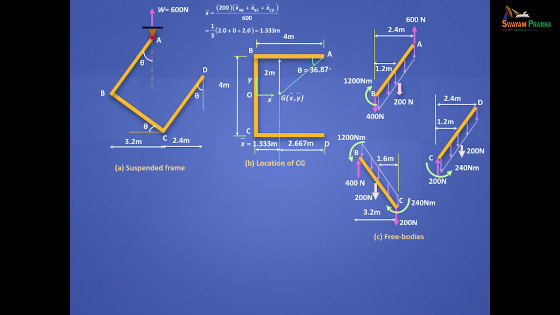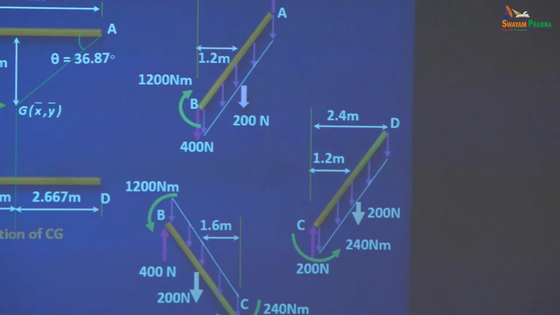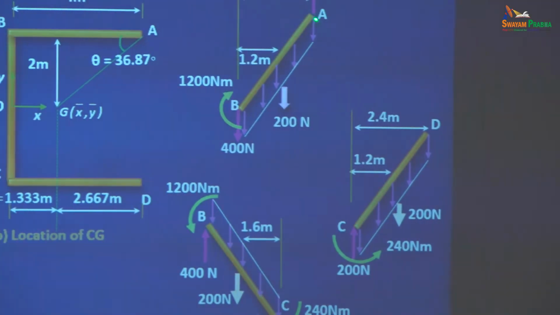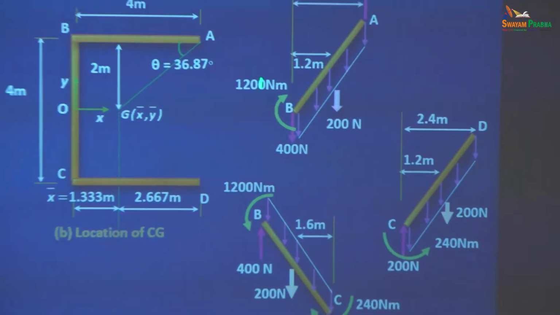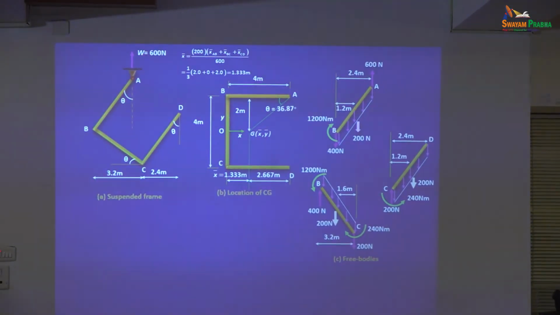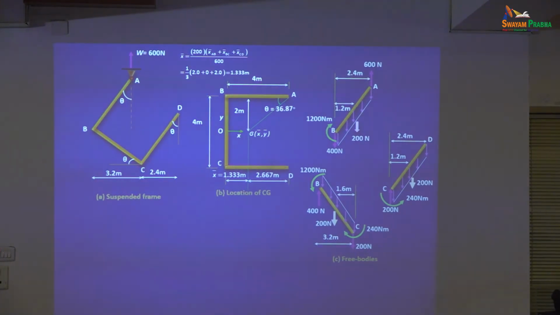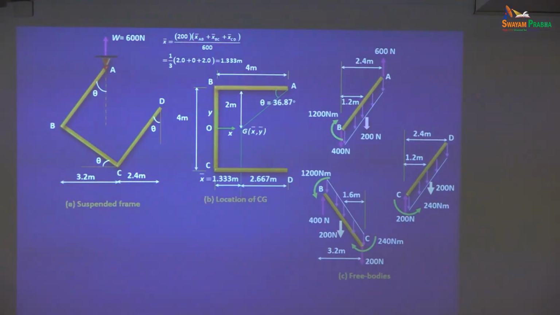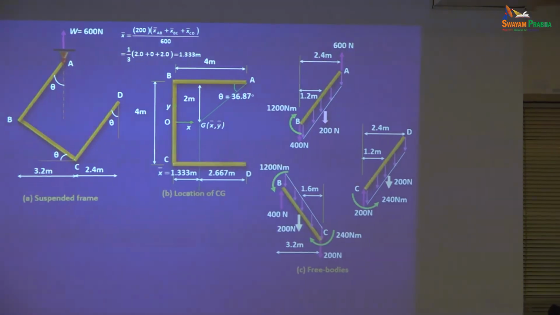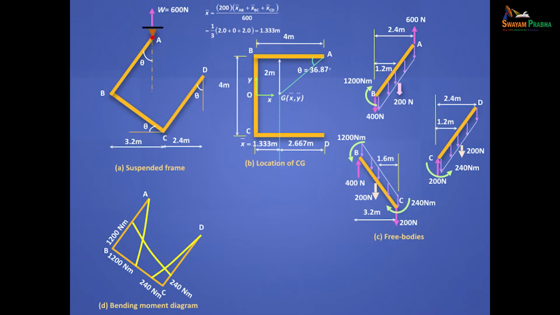Sigma Fy equals 0, 400 plus 200 must add up to 600, which matches your reaction. And do a check. Work out the moment at A, and you will find that it will be 0. That's your check. It should be 0. So that's all it takes. And this is the diagram.